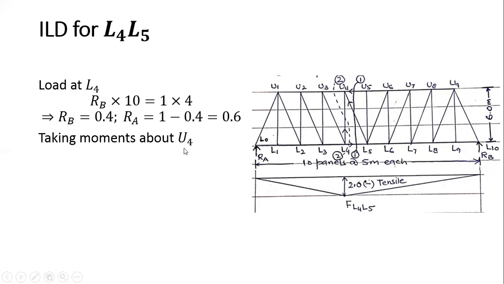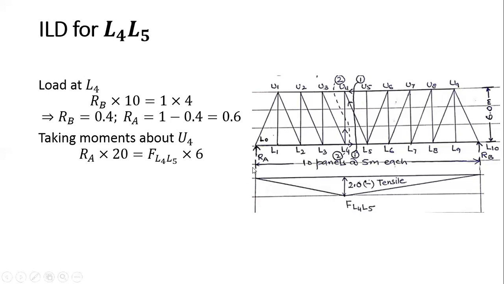Next, I have to take the moment about U4. The force in this member will be maximum when you take the moment about the opposite point, which is at the point U4. So I have to take the moment here, RA into 20, the distance from here to here being 20.